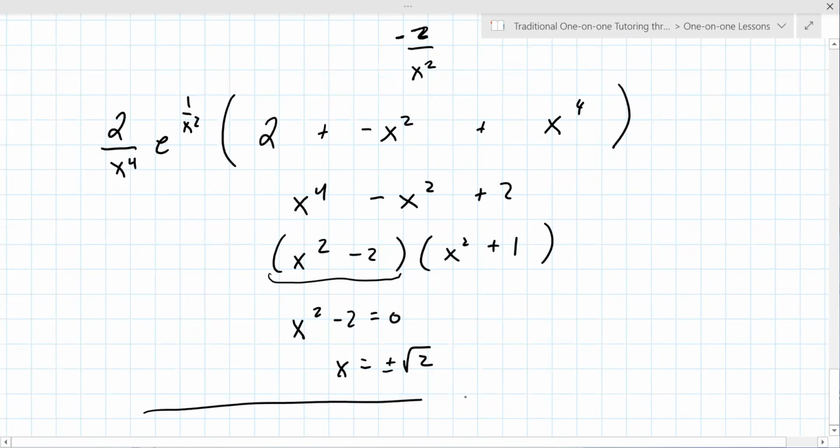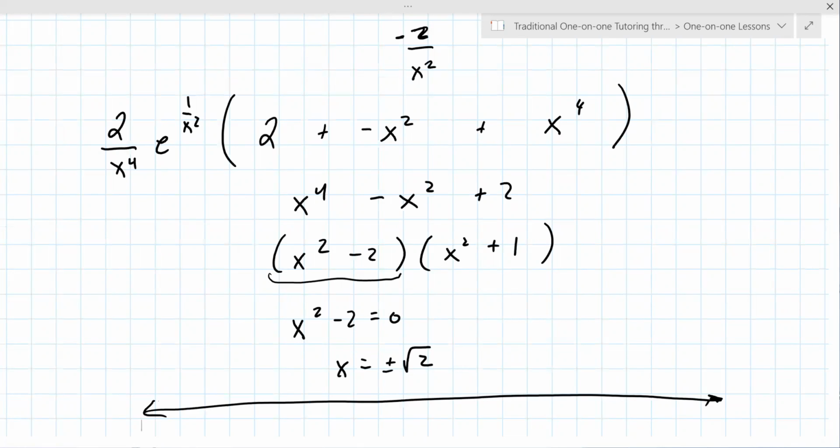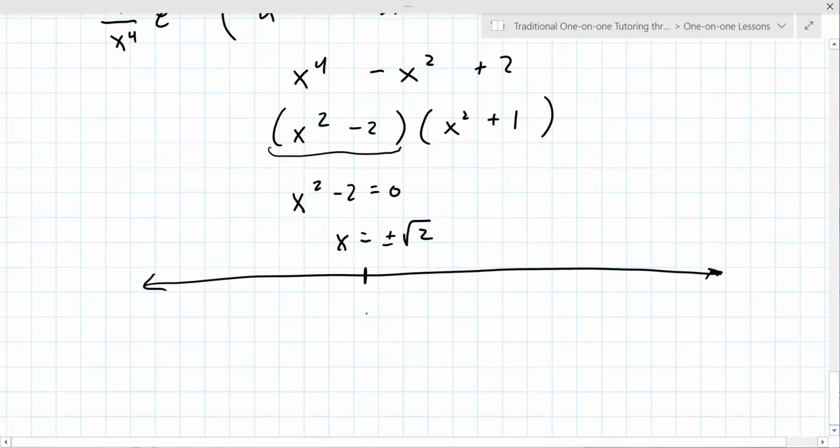I would not expect you as a calculus student to be able to do this, but it is totally doable. It's very long. They usually give you a polynomial so that you can factor it quickly.